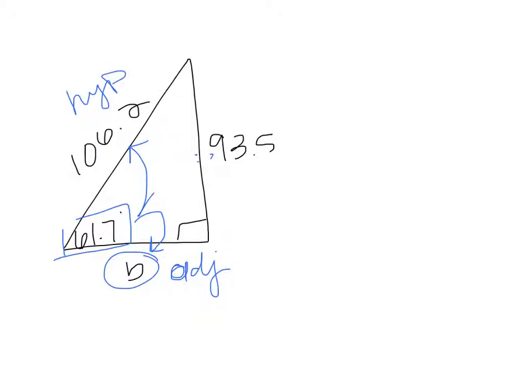So if you go back and look at your trig ratios, the one that compares the adjacent side to the hypotenuse is the cosine. So the cosine of my angle, 61.7, is the ratio of adjacent over hypotenuse. This one solves almost just like the last one.